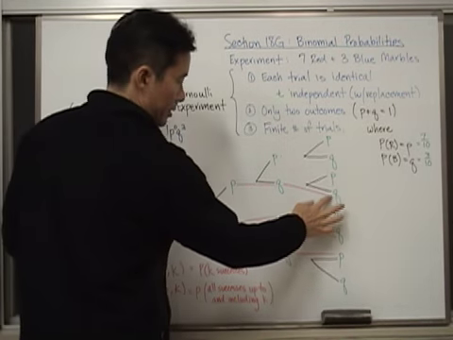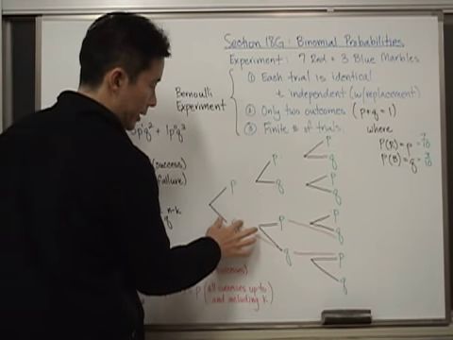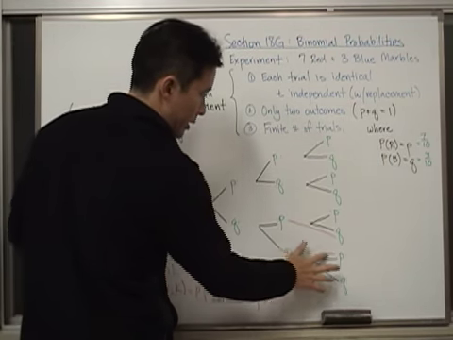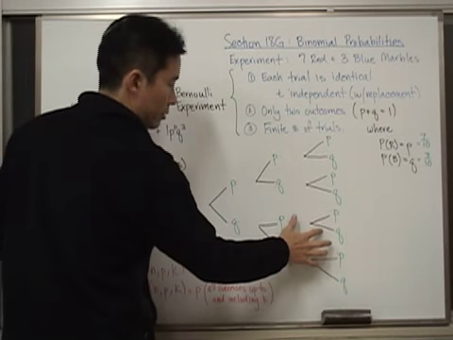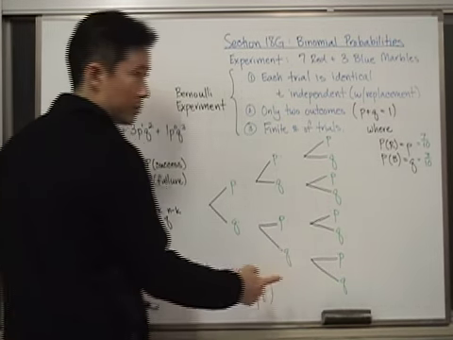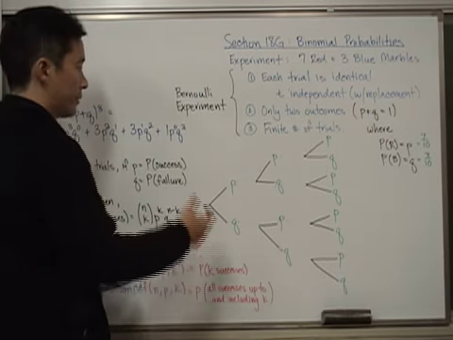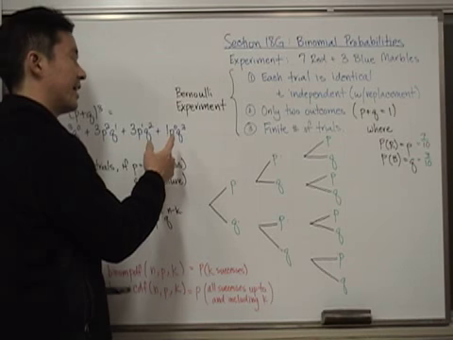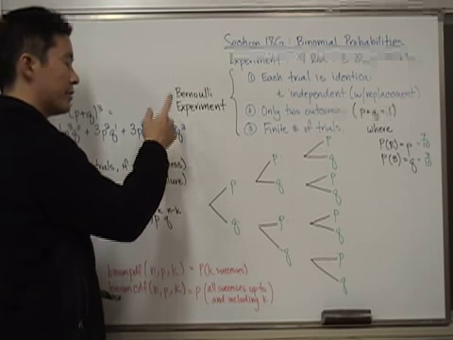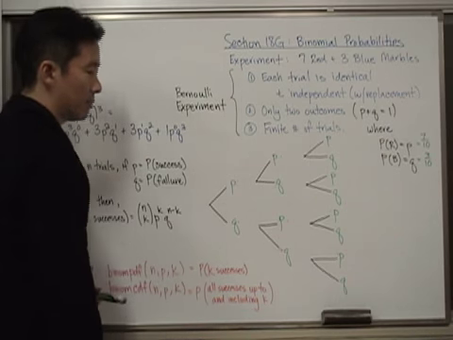The last one is going to be very straightforward. If we wanted to find the probability of choosing all the blue marbles, well, here you go. There's only one way of choosing 0 red marbles out of 3 red marbles, and choosing 3 blue marbles.